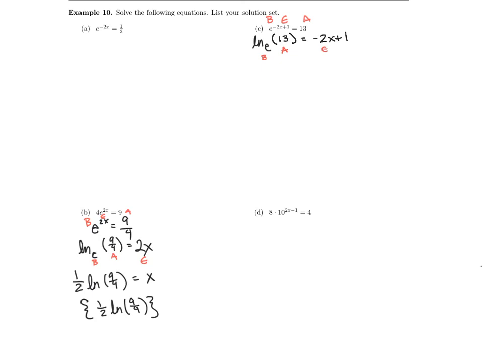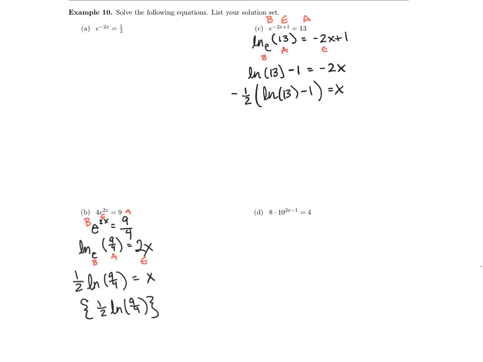So let's see, we'll subtract 1 on both sides. So natural log of 13, or base e, if you want to put that in there as well, minus 1 is equal to negative 2x. I'm going to multiply the whole thing by a negative 1/2, or divide everything by negative 2. So negative 1/2 times natural log of 13 minus 1 is equal to x.